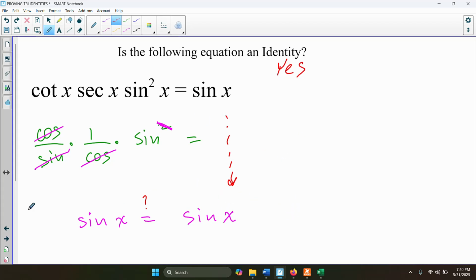But even if you don't know what sine and cosine are, I might as well use symbols, like, okay, star equals 1 divided by happy face. I don't know. It really doesn't matter.